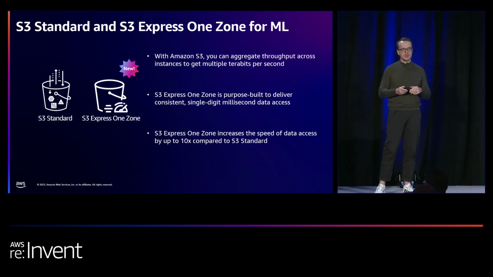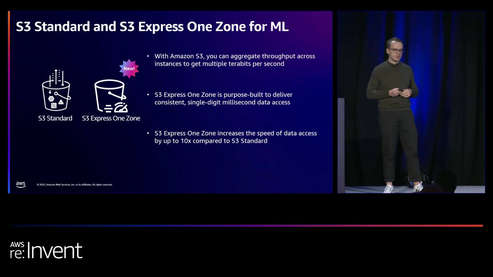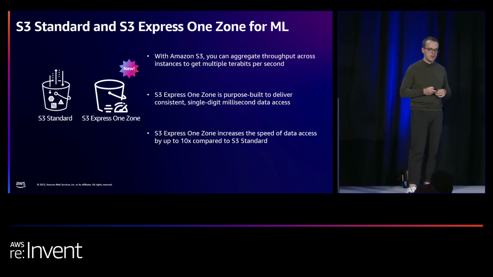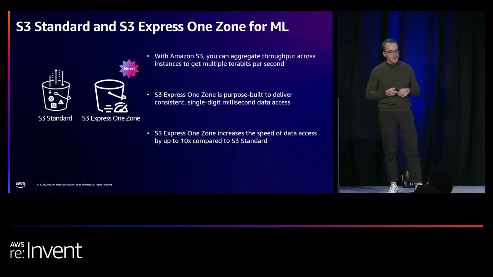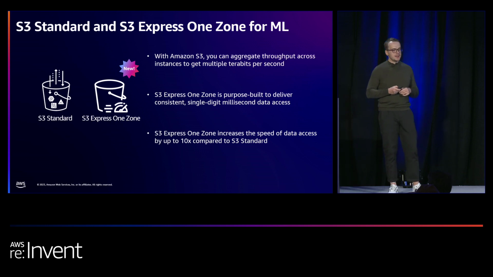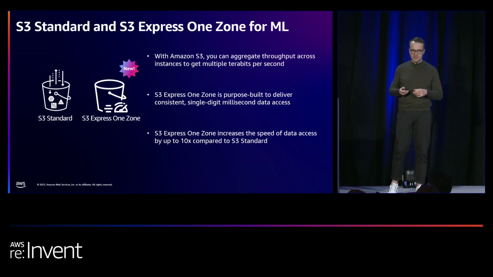By doing this, you can collocate your compute and storage resources in order to optimize for throughput and cost. In one of the benchmarks that we have performed, we have seen that Amazon S3 Express One Zone can deliver time to first byte latencies that are 10 times lower than in the case of S3 Standard.